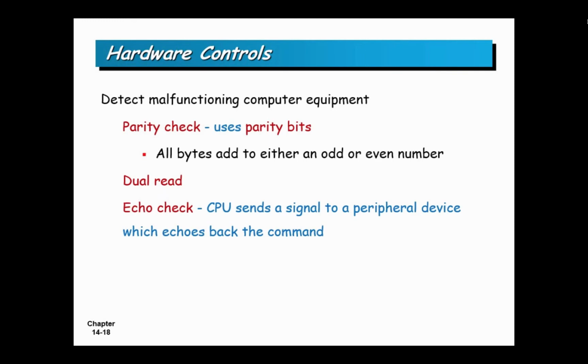So the first 7 bits are the data point, the character, and the last bit is a parity bit. If they have to be even, and the first 7 were odd, then it would be a 1, because the odd plus the 1 will make it even. And if the opposite was true, the other way. So a parity check is just one way of making sure that you don't have bad data coming through. It's either odd or even based upon what you say it should be.